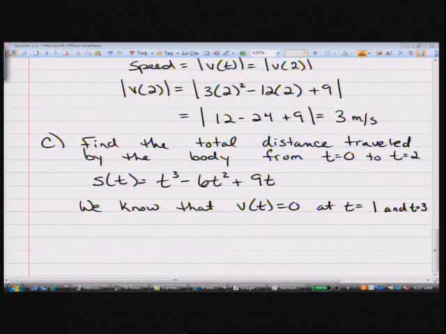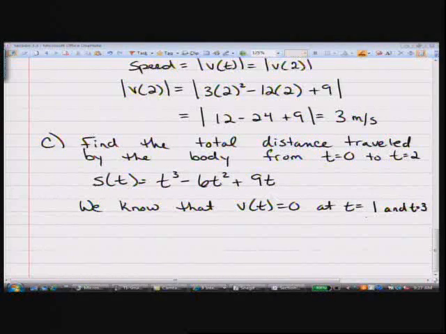But we need to be careful. We can't just look at where we are at 0 and where we are at 2 and say that's the total distance traveled. Okay? Because in that interval from 0 to 2, the velocity becomes 0. And so there is a chance that this particle turned around. And if it did turn around, then it would have gone some distance to the right and then some distance to the left.